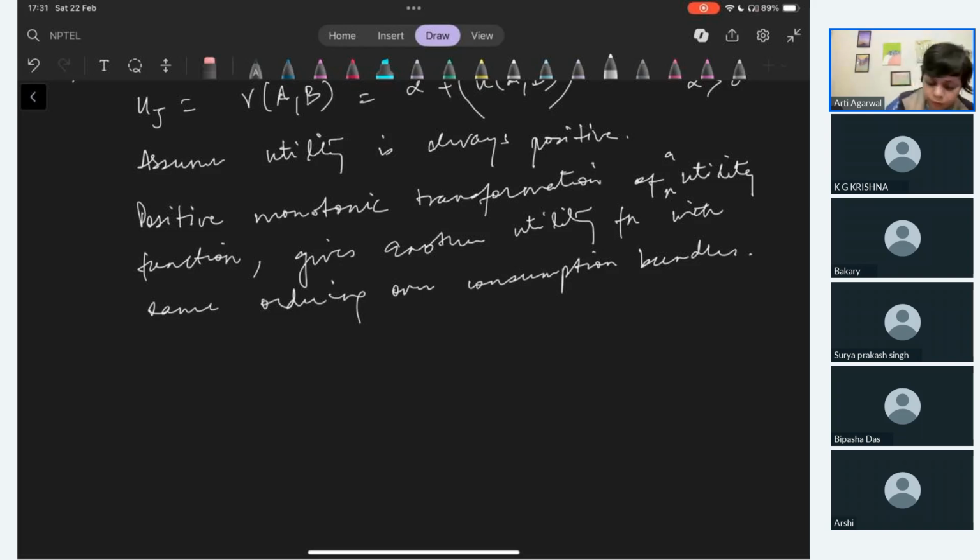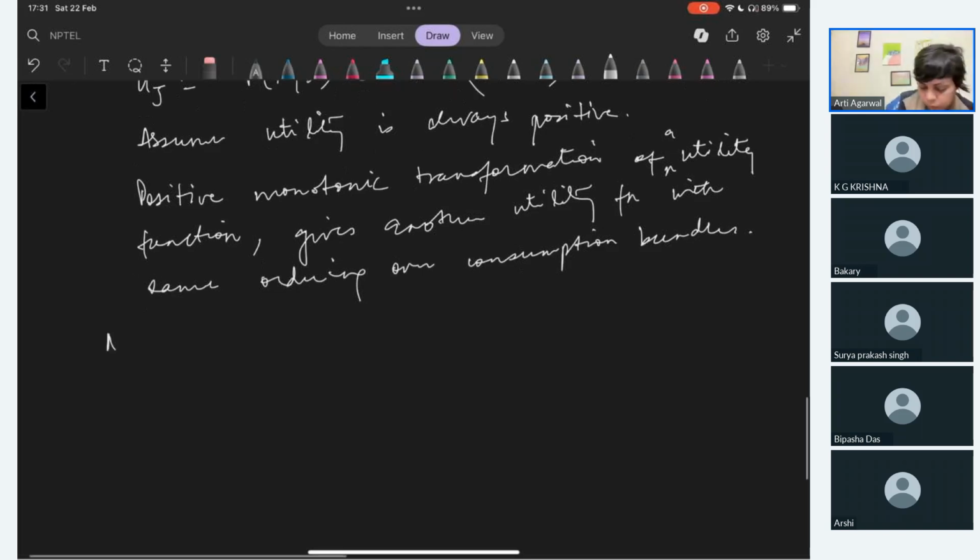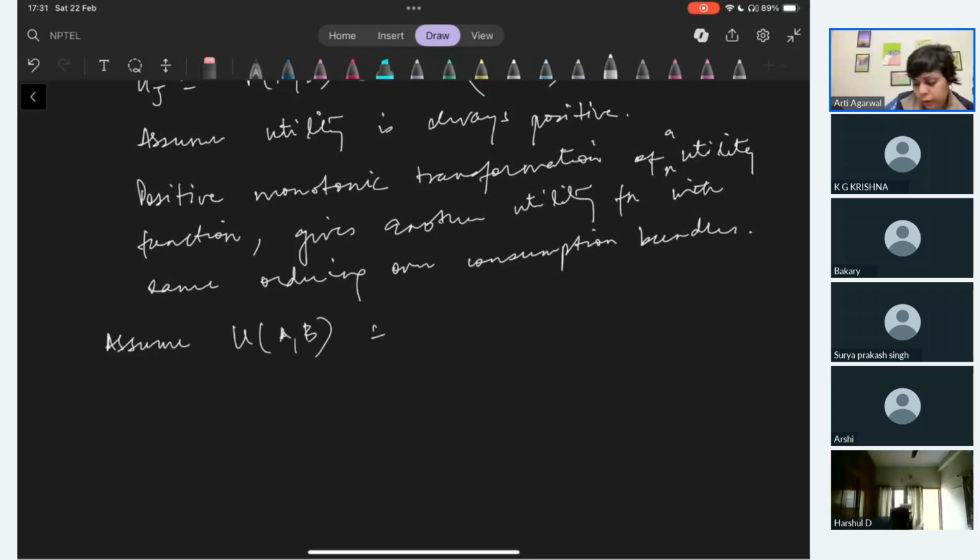Okay, so let's assume that u(a, b) is a into b. These are the two goods, a into b. Therefore, v(a, b) is equal to alpha plus (ab) whole square.